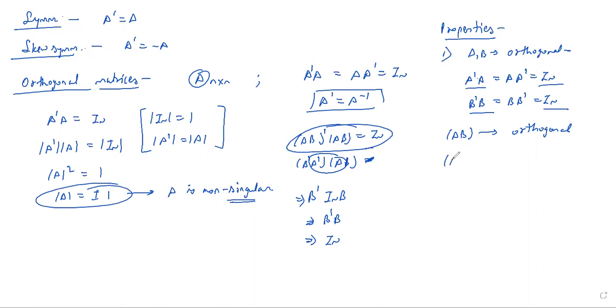The sum of two orthogonal matrices is not orthogonal.